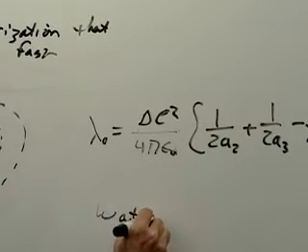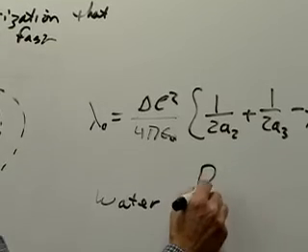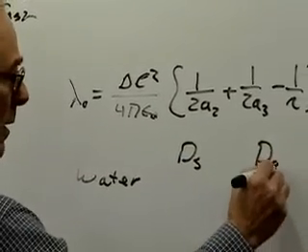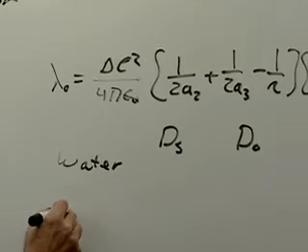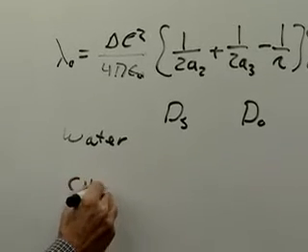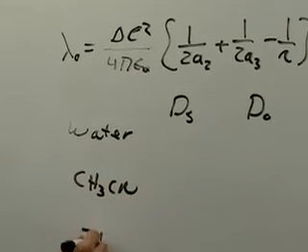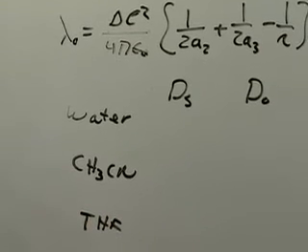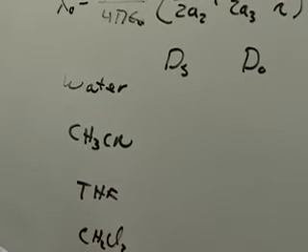Okay, now to get a feel of this, I also have a little table. I have the Ds and the D optical, and we have them for water, for acetonitrile, for THF, for CH2Cl2, and for hexane.